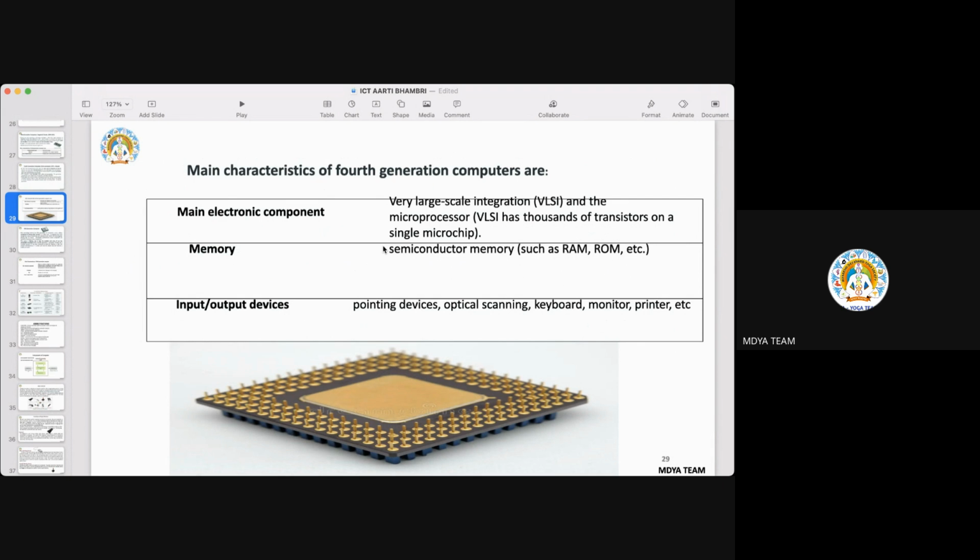And memory is semiconductor memory here, not magnetic tape, which was there in the earlier generation, RAM and ROM. So all these circuitry and the processor are semiconductor based. Input output devices: pointing devices, optical scanning, a keyboard, monitor, printer. So all input output devices are there.